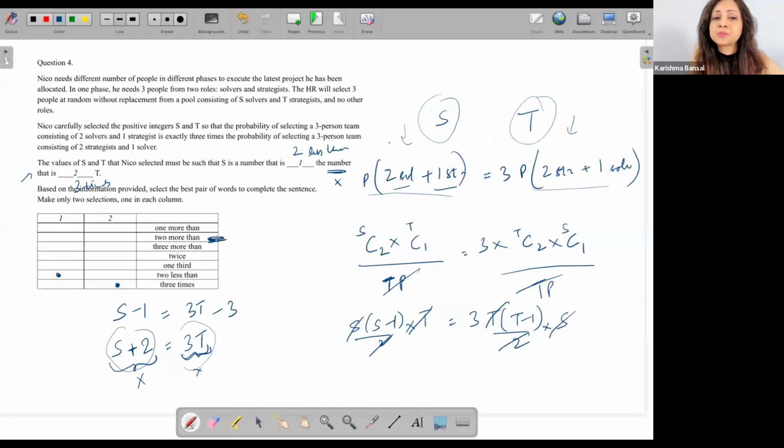People do sometimes select 2 more than over here. Guys, S plus 2 is equal to X. S is not 2 more than X. S is a number which is 2 less than X, because when I add 2 to S, then I get X. Make sense? So it will be 2 less than. Is this correct? Is this okay?